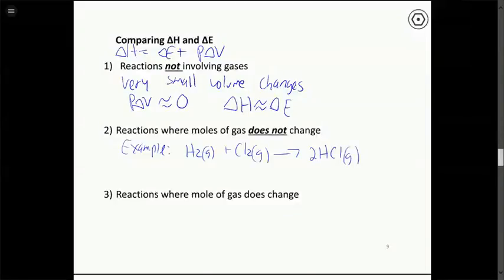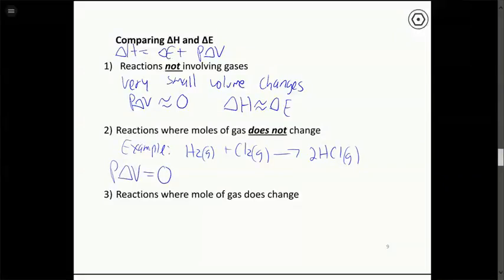If we look at the reactants and the products for this reaction, there are a total of 2 moles of gas on the reactant side, 1 H2 and 1 Cl2. And then on the product side, there are also 2 moles of gas, 2 moles of HCl in this case. So if the number of moles of gas is the same on the reactant and the product side, that also gives us a P delta V term that is equal to 0.